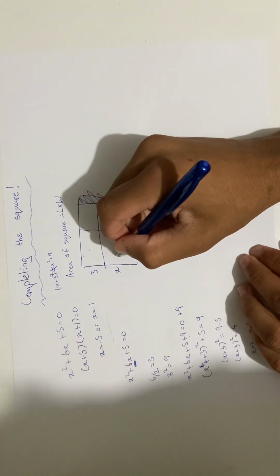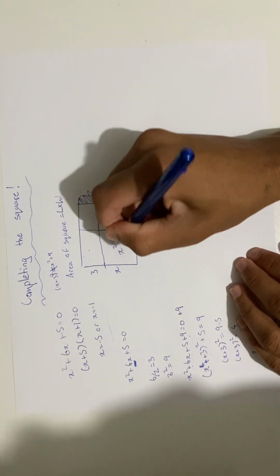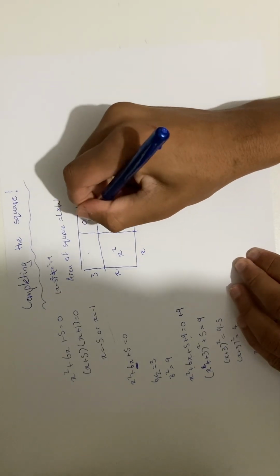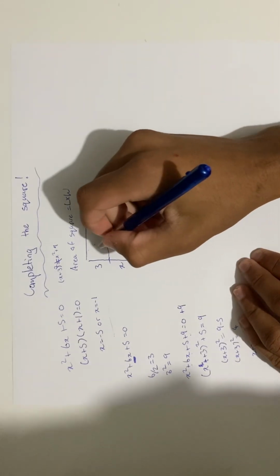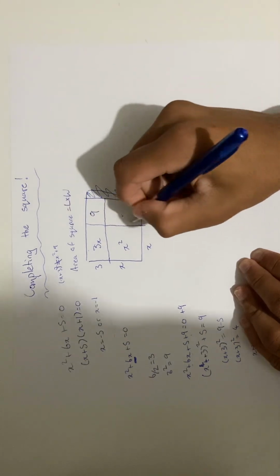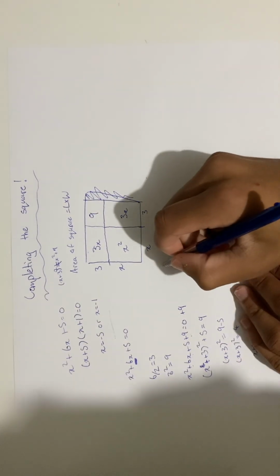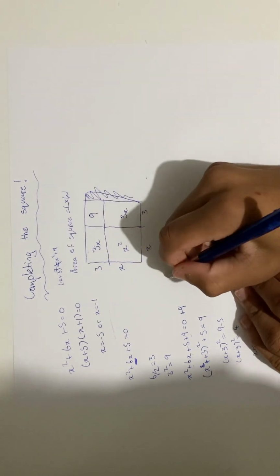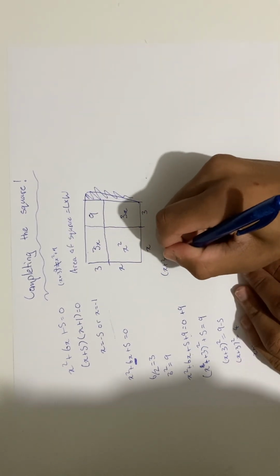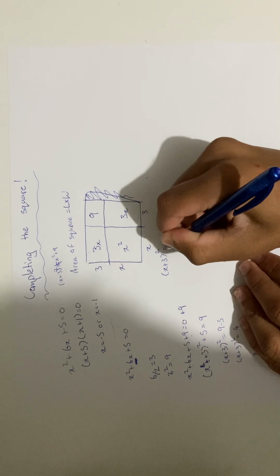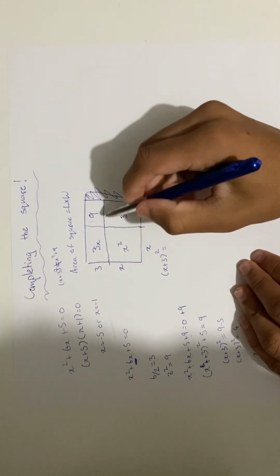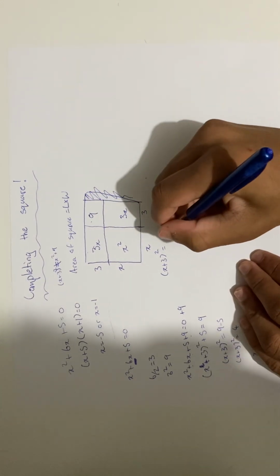So the first square is going to be x squared. The second square is going to be 9. This rectangle over here is going to be 3x, and this is also going to be 3x. Now, we know that the area of the square must be (x plus 3) squared. But we also know that all of these added together must also equal the area of the square.